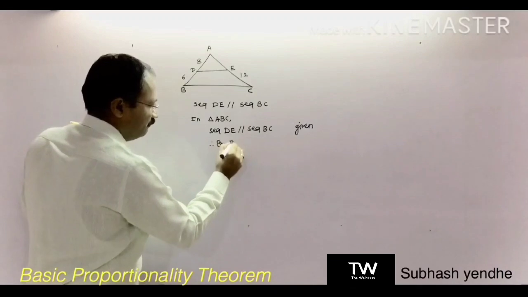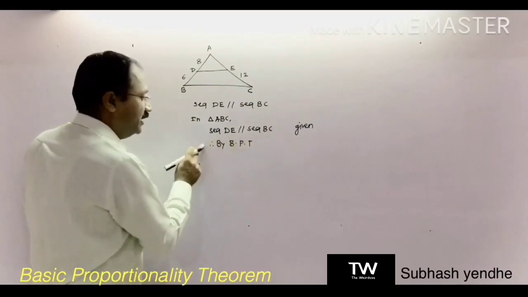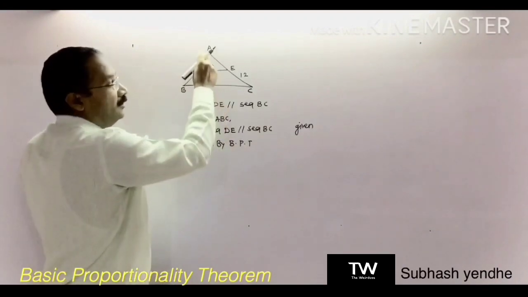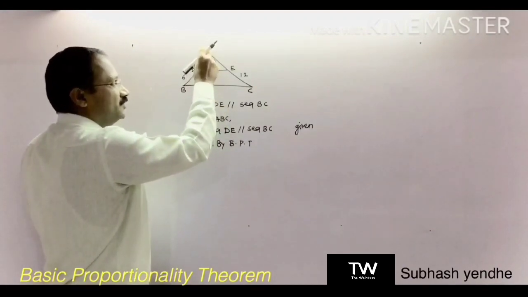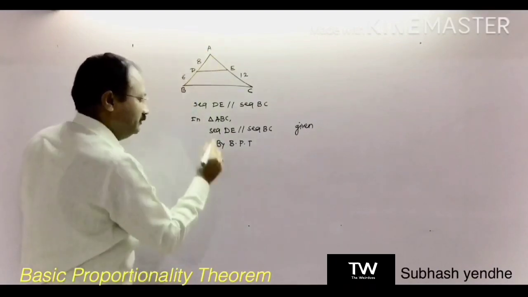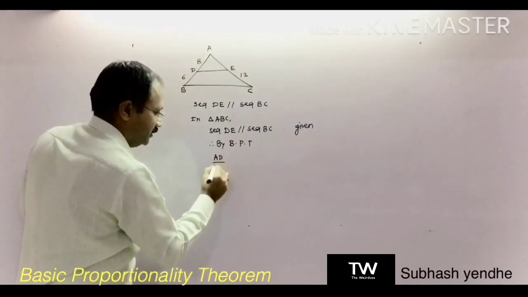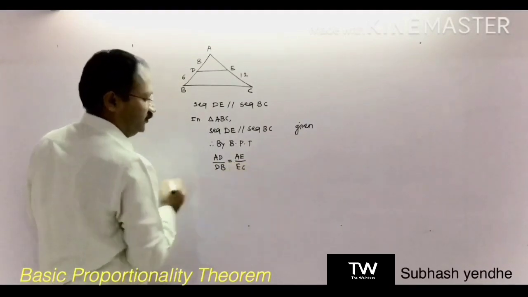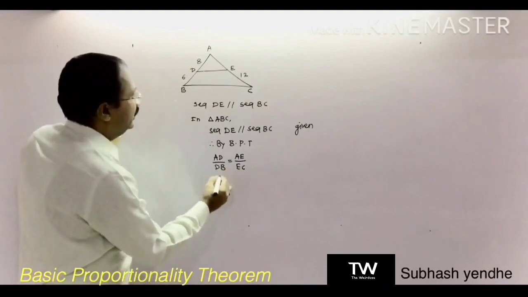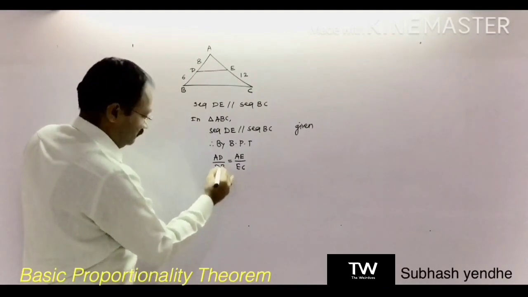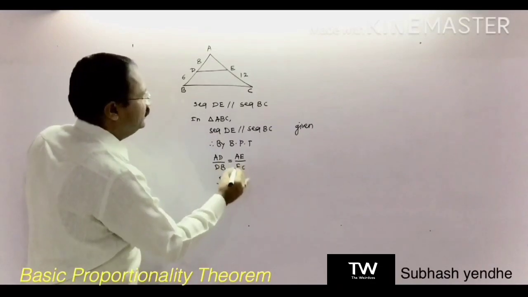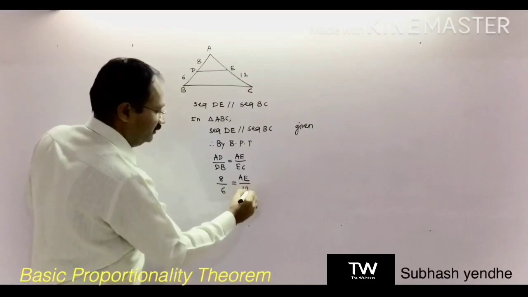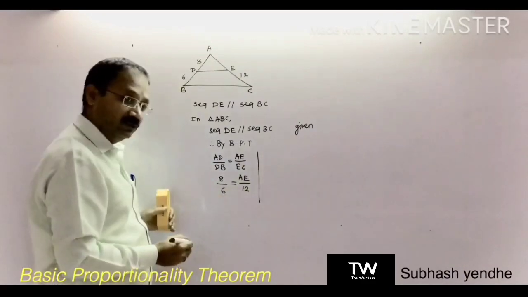Therefore, by BPT, you can write the shortcut BPT. From the vertex you have to start it. AD upon DB equals AE upon EC. Now substitute the values. AD's value is 8, BD's value is 6, AE's value you have to find out, and EC's value is given 12. Now what to do?